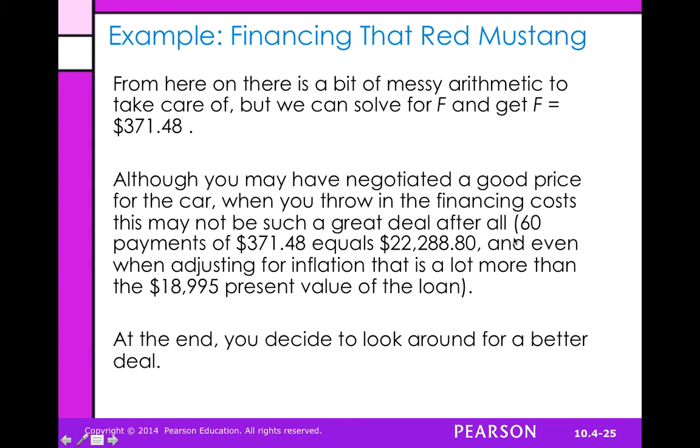So all you have to do to figure out the total amount is 60 times this number, and you will get this number, about 22 grand. This number is about 3 grand more than what you borrowed. Okay, so you borrowed 19 grand. You're going to pay the dealership not just 19 grand back, you're going to pay them an extra $3,300. So you're going to pay $3,300 in interest on this loan. Okay, which, if you think about it, is a lot of money, right?